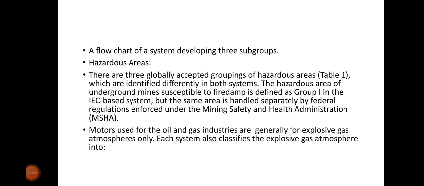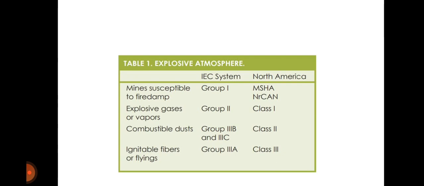Motors are used mostly in the oil and gas industries, which are the maximum users. Here we can see in table 1 there are three: mines susceptible to fire damp, explosive gases or vapors, combustible dust, ignitable fibers or flyings.